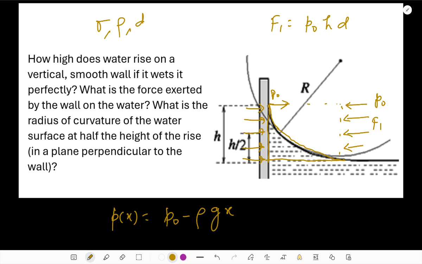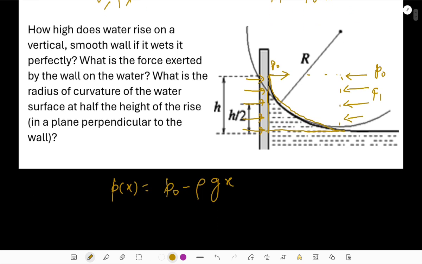You can see this decreases with the height or depth. So we need to find the average value of this pressure. Simply here you can write P0 only, because the average of P0 is P0 itself, since it's a constant value.